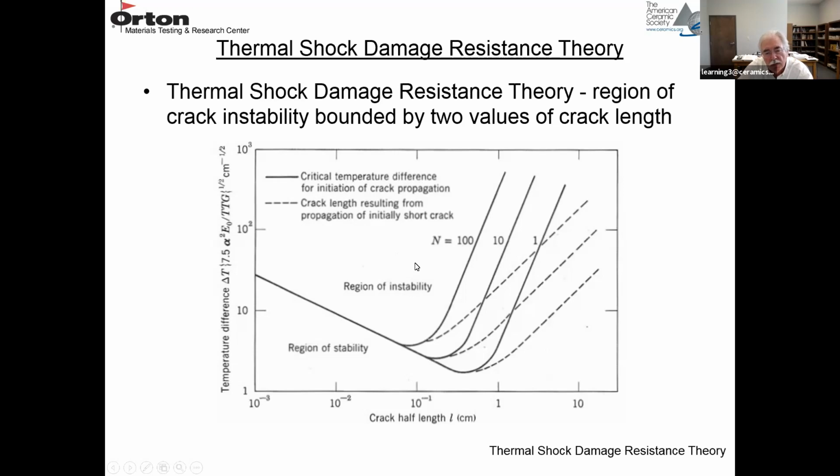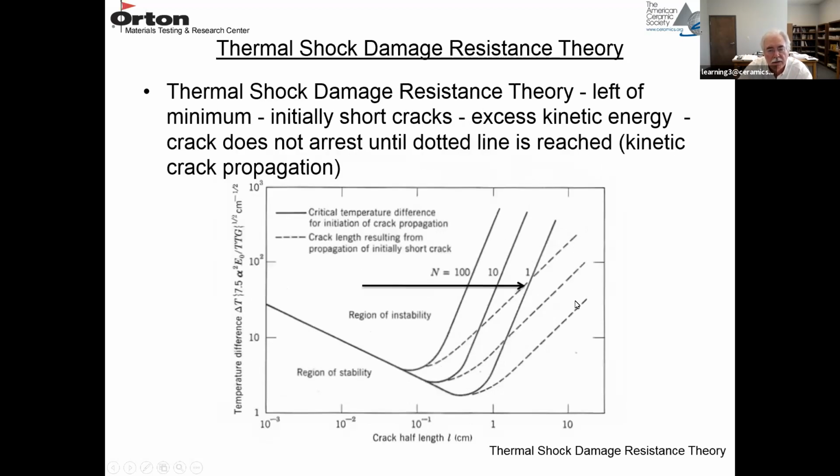If it's moving in an increasing direction, it may arrest at this dotted line. So the dotted line is the crack length resulting from propagation of an initially short crack, and that short crack will have more stored elastic strain energy than a long crack.